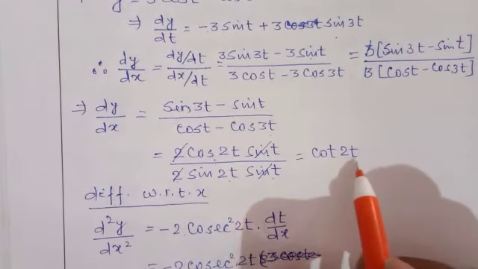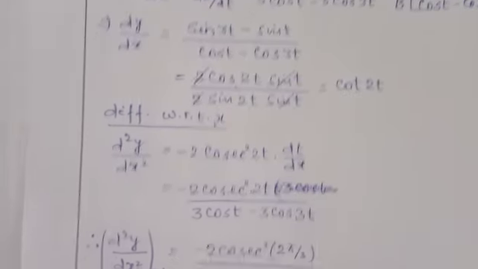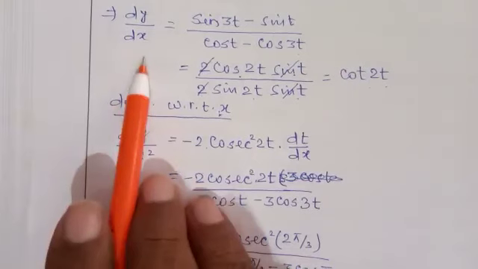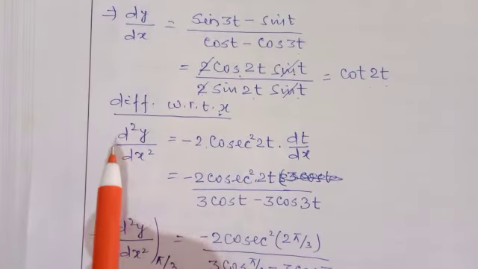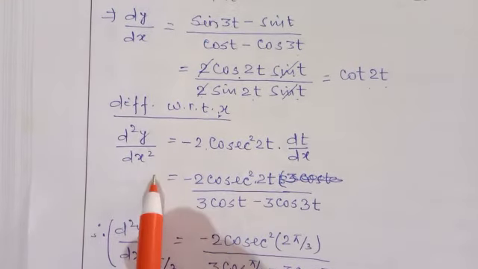Now differentiate it again with respect to x. Mark here, x and y were differentiated with respect to t, but here we differentiate with respect to x. So differentiation of dy by dx with respect to x will be d2y by dx square, which is minus cot.